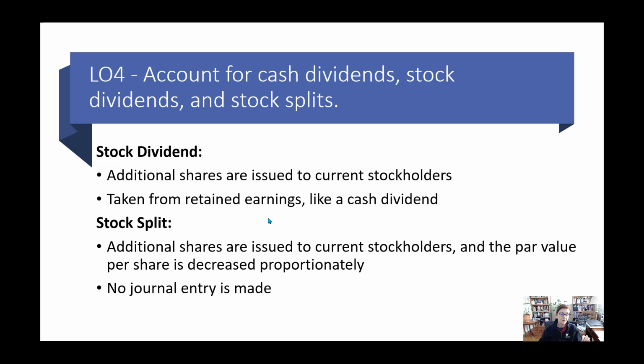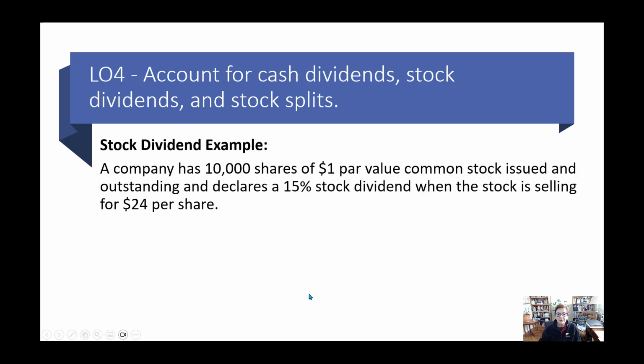And that is recorded at the market value of the shares, which we're going to take a look at. A stock split, let's say it's a 2-for-1 stock split, you're just taking the number of shares and doubling it and issuing more shares. There is no journal entry because the par value per share is decreased proportionately.